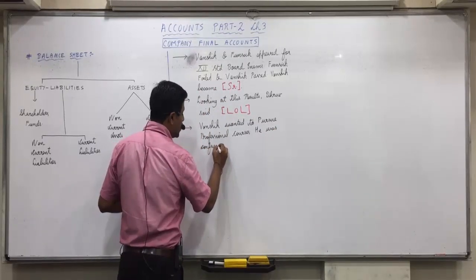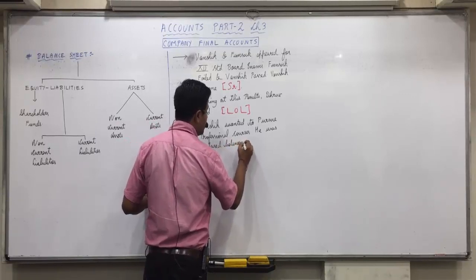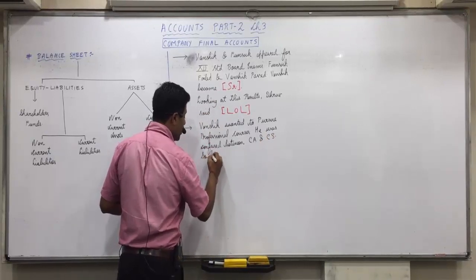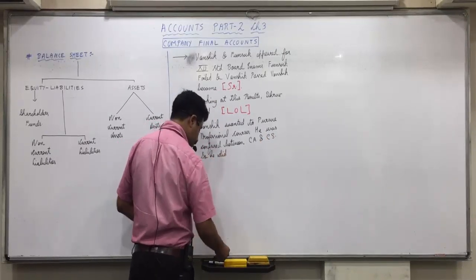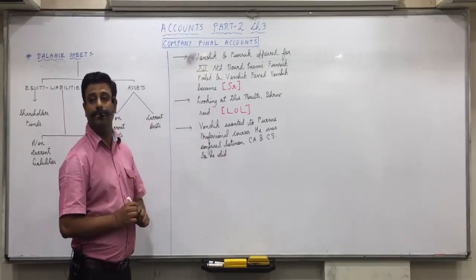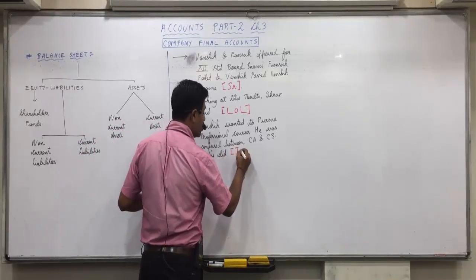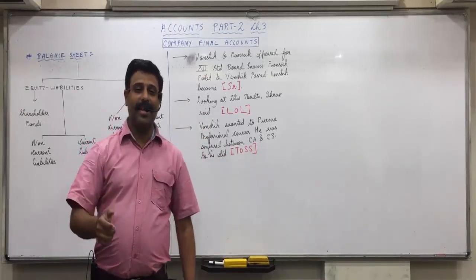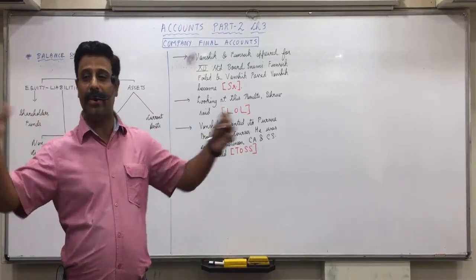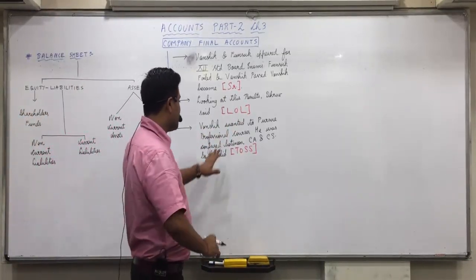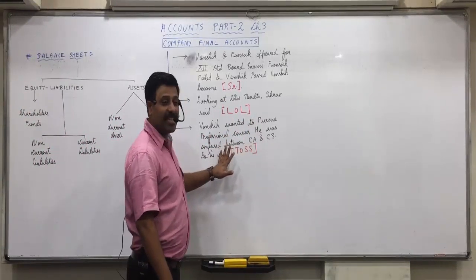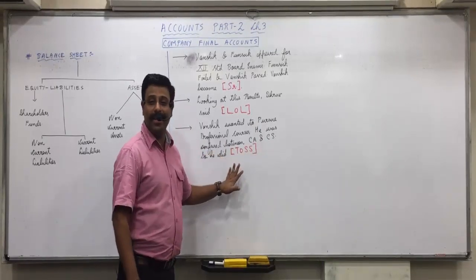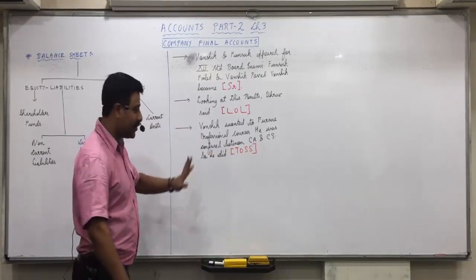He was confused between CA and CS. So he did a toss. Heads CA, tails CS. So he wanted to pursue professional courses, he had confusion between CA and CS, and for that he did a toss. Is everyone clear with it?